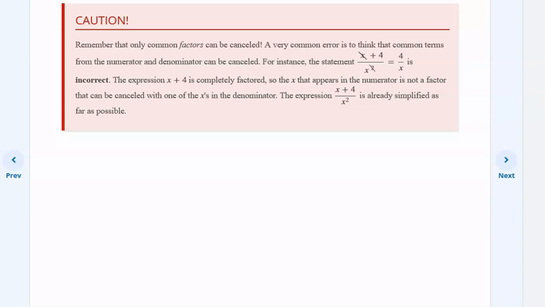And they're giving us here an important caution. So pause, read this. What they're saying, you can only cancel out factors, not terms. So these are not factors here. You can only cancel out factors.